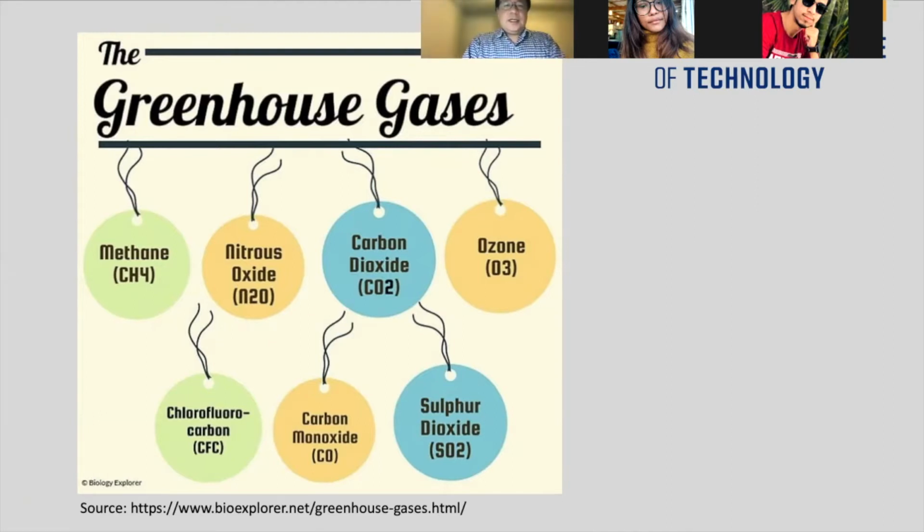First, if you still remember, there's a graph that tells you what the greenhouse gases are. There are many types of greenhouse gases, like in this figure: methane, carbon monoxide, carbon dioxide, ozone, sulfur dioxide.